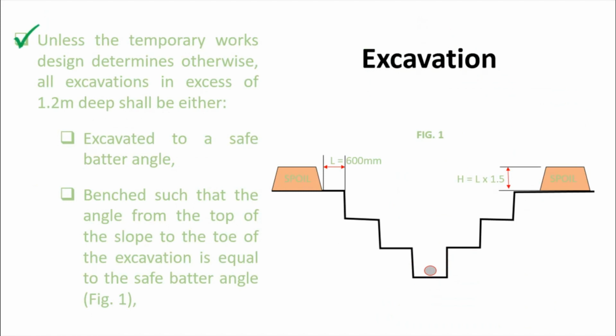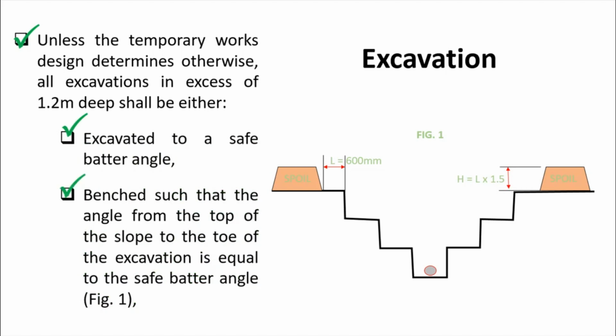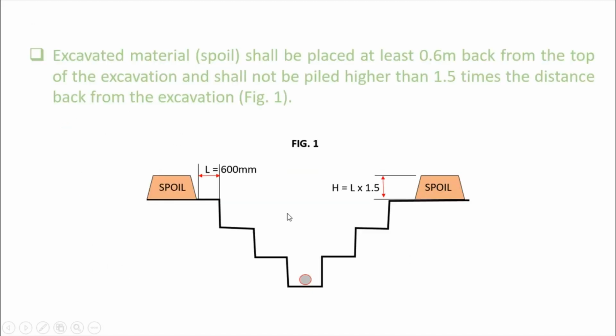Unless the temporary works design determines otherwise, all excavation in excess of 1.2 meter deep shall be either excavated to a safe batter angle. So safe batter angle, for example, you can see here the height. Okay, I will show you later.